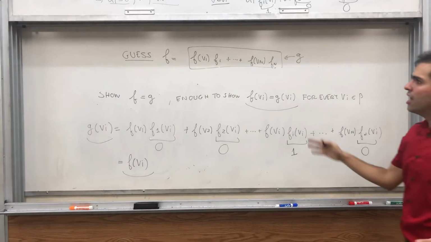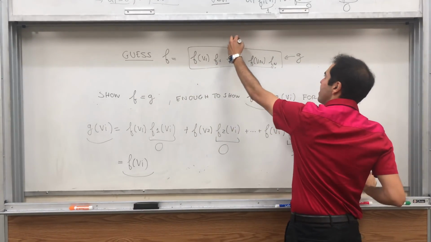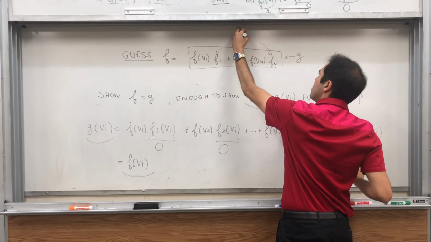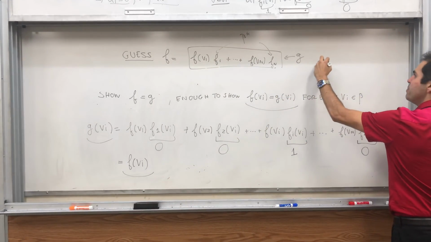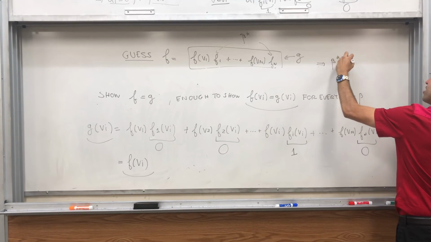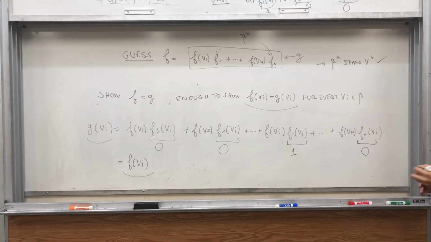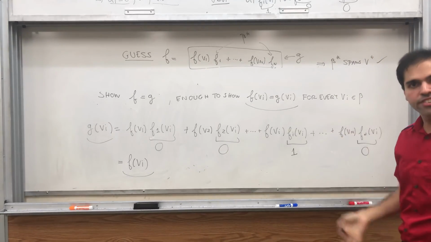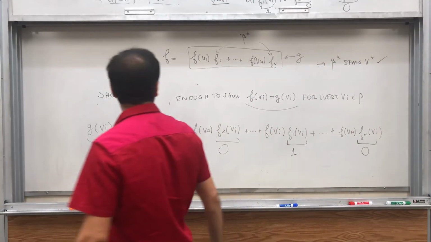In particular, we have expressed f as a linear combo of our basis vectors, B star. So we are done. We have that B star spans V star. So we have that this set is linearly independent and spans, and therefore it's a basis.